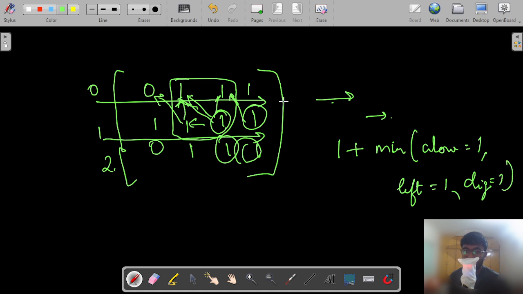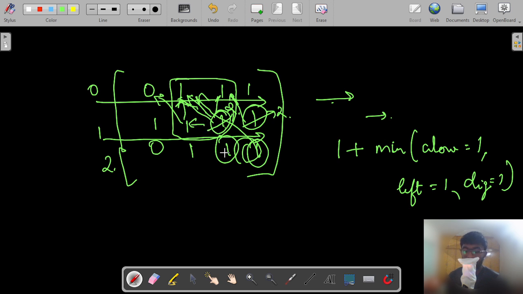Then we add 1 and we change this value to 2. Similarly here also we change it to 2, right? This way we can calculate all these three values also, based on the number of elements.